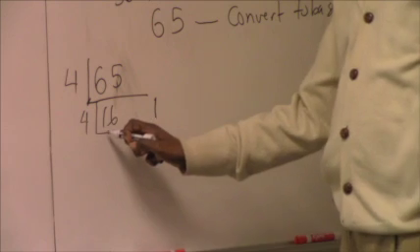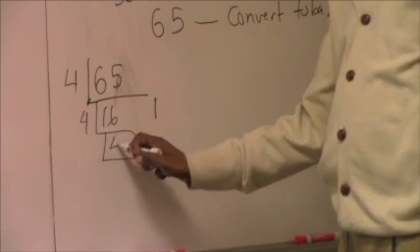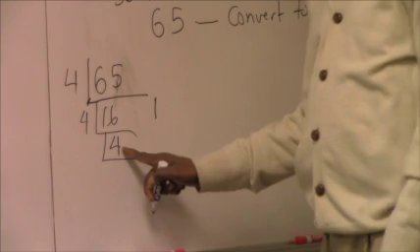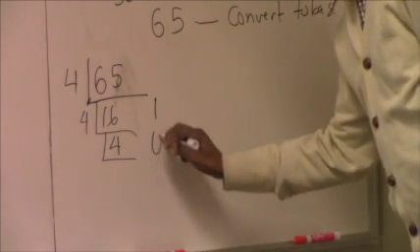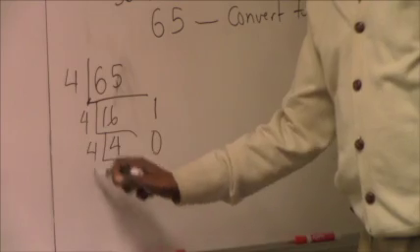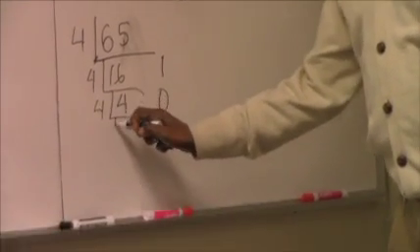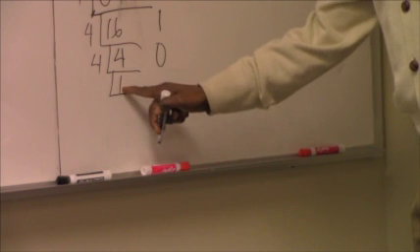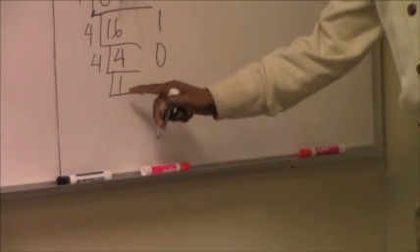4 into 16 goes 4 times. 4 times 4 is 16. 16 minus 16 is 0. So that's my remainder. I'm going to put it over there. I'm going to continue dividing. 4 into 4 goes 1 time. 4 times 1 is 4. 4 minus 4 is 0.